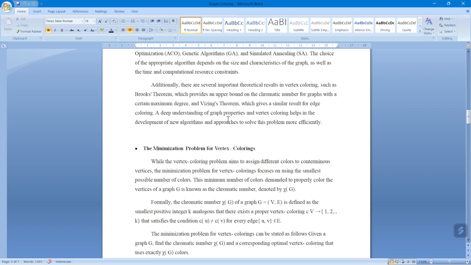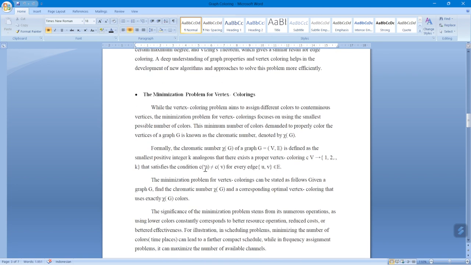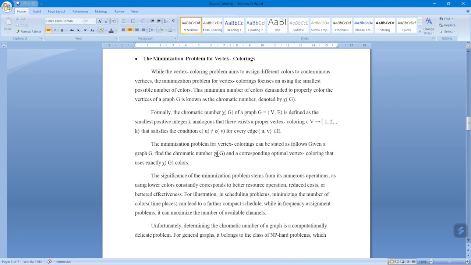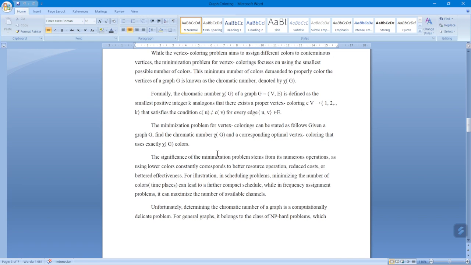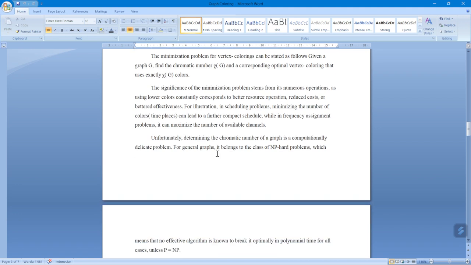The minimum number of colors required for proper vertex coloring is called the chromatic number and is denoted by χ(G). The vertex coloring minimization problem has many practical applications because the use of fewer colors often correlates with better resource management, cost reduction, or efficiency improvement.